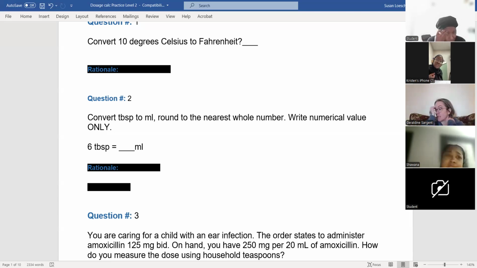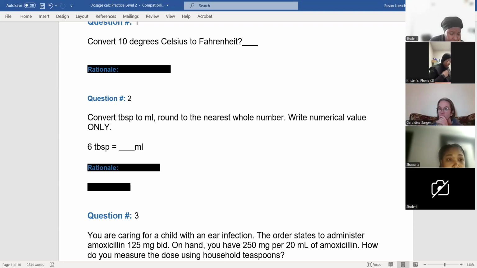Did they have practice questions in it as well, right? Yeah, and your workbook. I mean, you should have dosage calc practice questions in your Canvas as well.